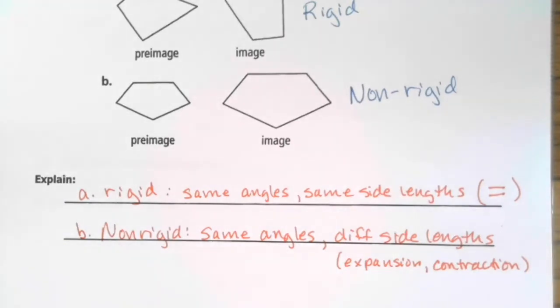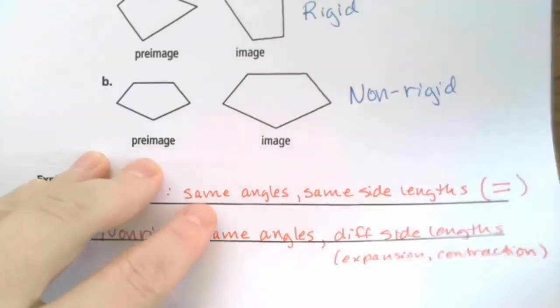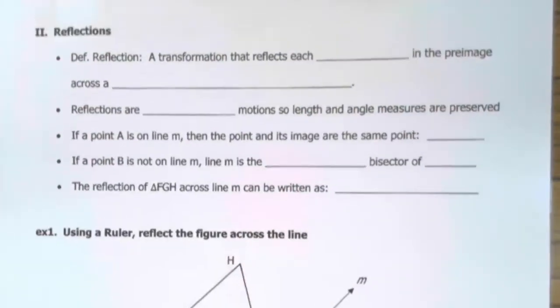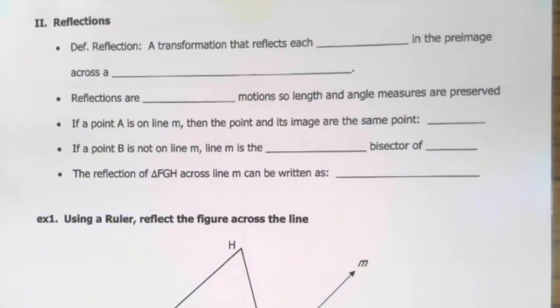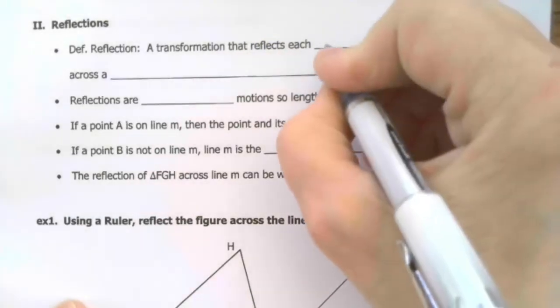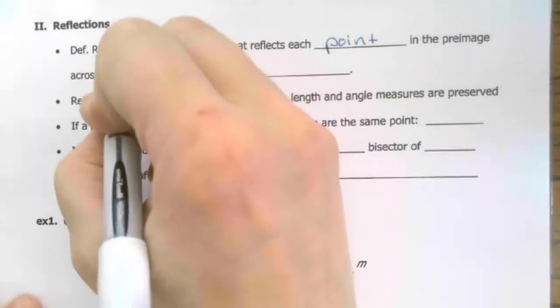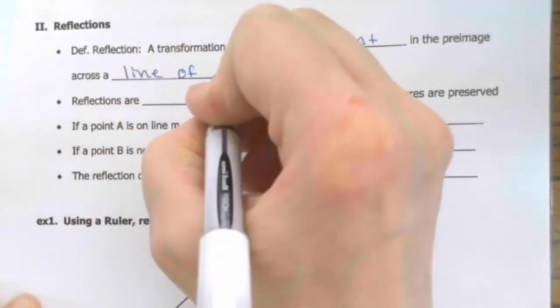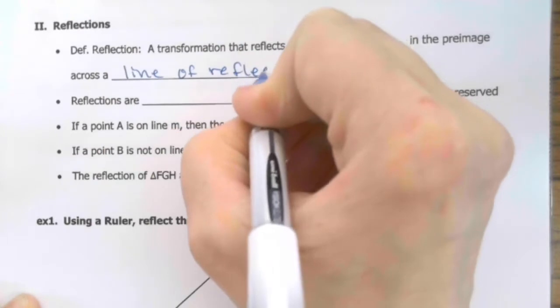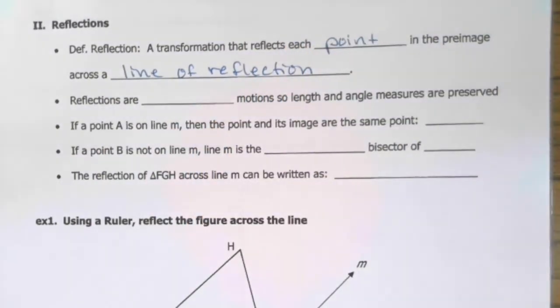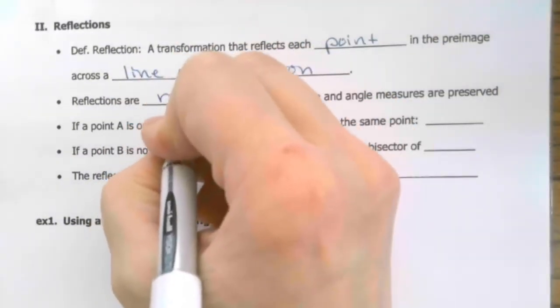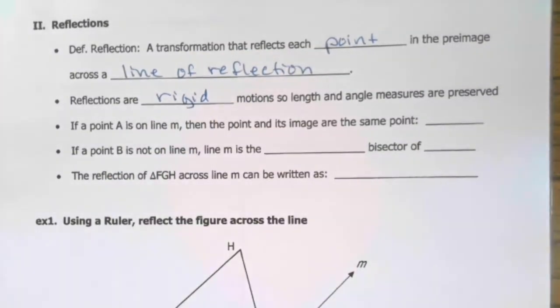Okay, flip the page. Part 2. Reflections. All right, definition of reflection is a transformation that reflects each point in the pre-image across a line of reflection. Reflections are rigid motions, so length and angle measures are preserved.